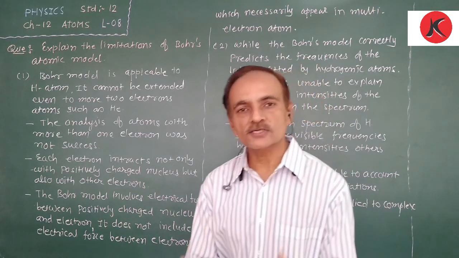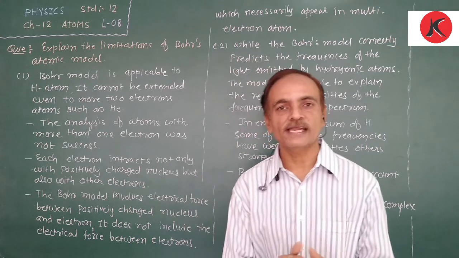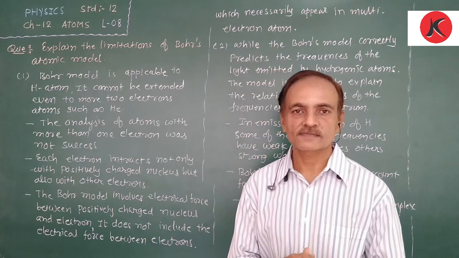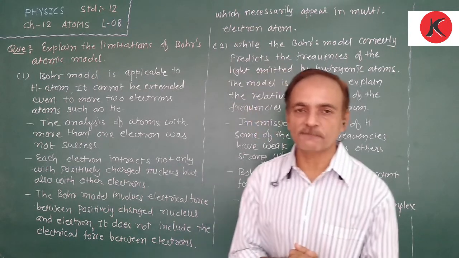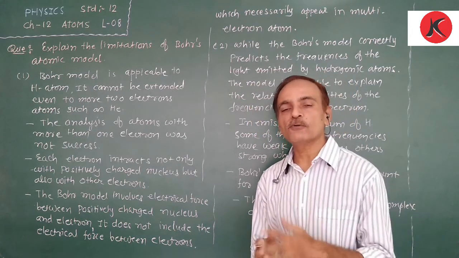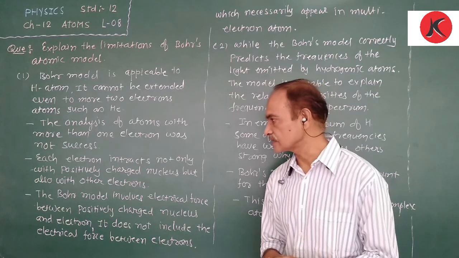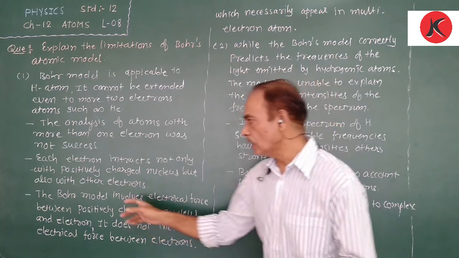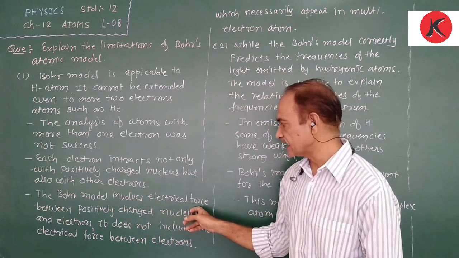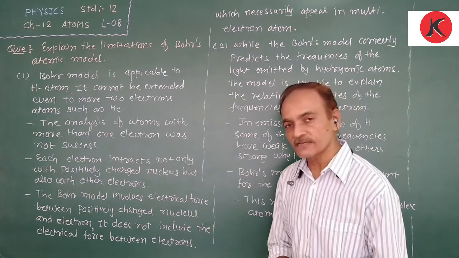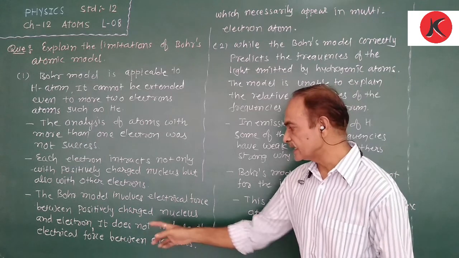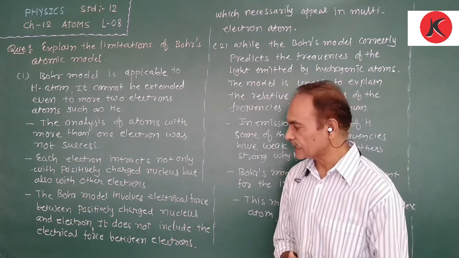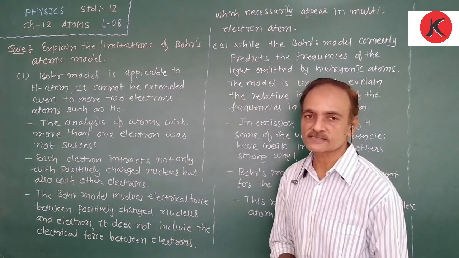Here, the force of repulsion between the electrons also takes place. But Bohr's model cannot specify this repulsion force between multiple electrons. The Bohr model involves the electrical force between the positively charged nucleus and electron only. It does not include the electrical force between the electrons.